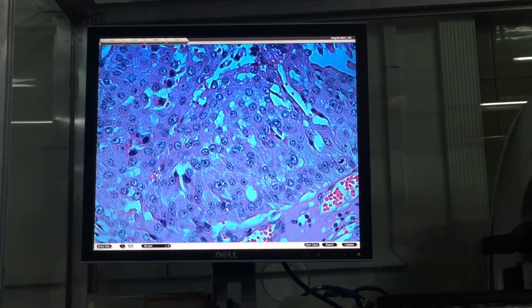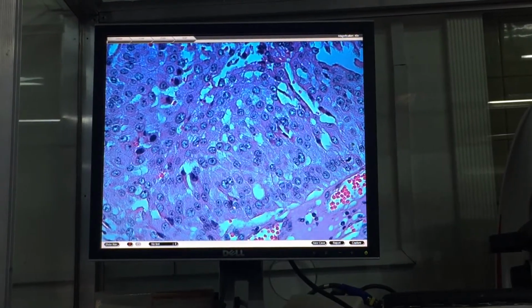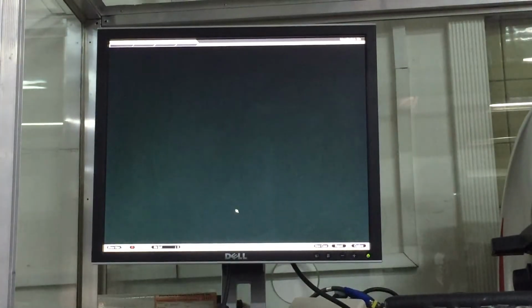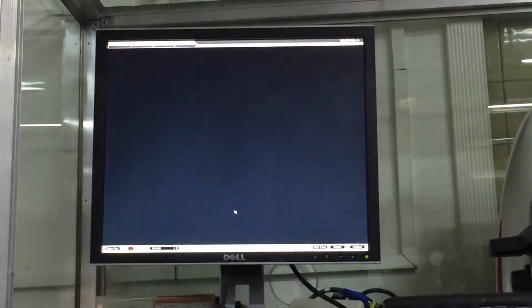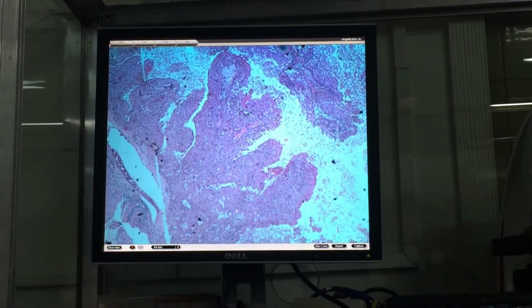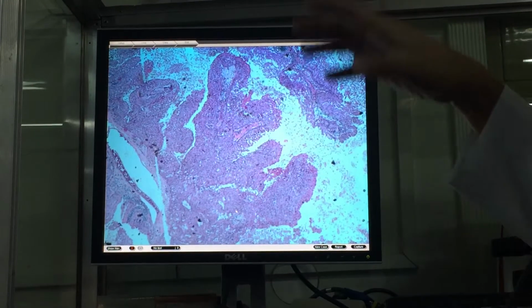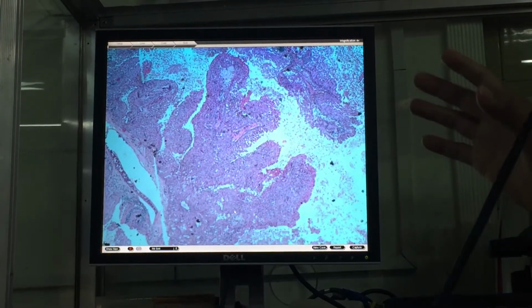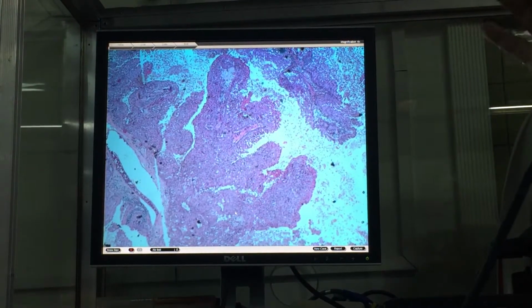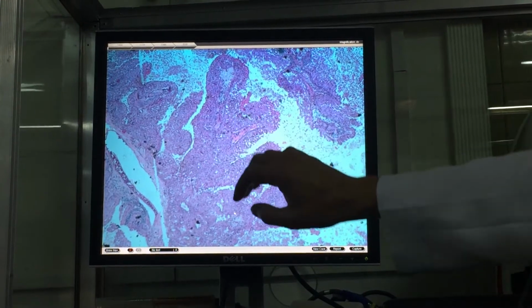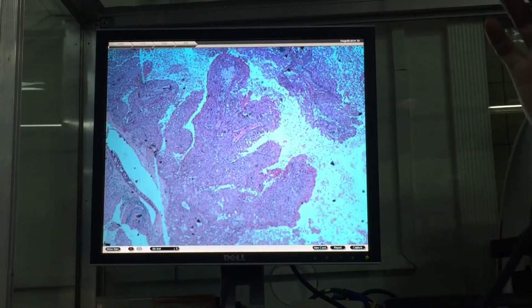Okay, it will look like a high grade malignancy. And oftentimes you won't see those papillary structures anymore. In high grade urothelial carcinoma, there's fusion of these papillary structures. Nagdidikit-dikit na sila.